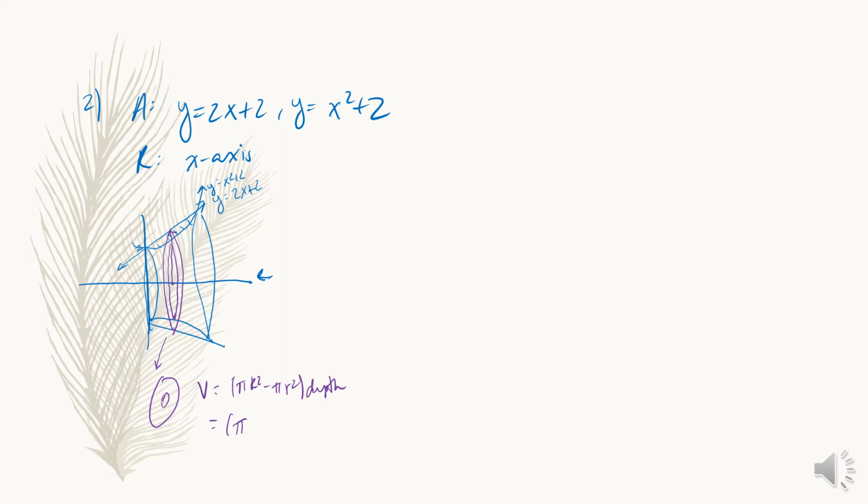And since we're going from the x-axis, I don't need to worry about adding or subtracting anything like that. So my big radius is going to be 2x plus 2. My small radius is going from the x-axis up to that bottom curve. So that's x squared plus 2. And that's times delta x.